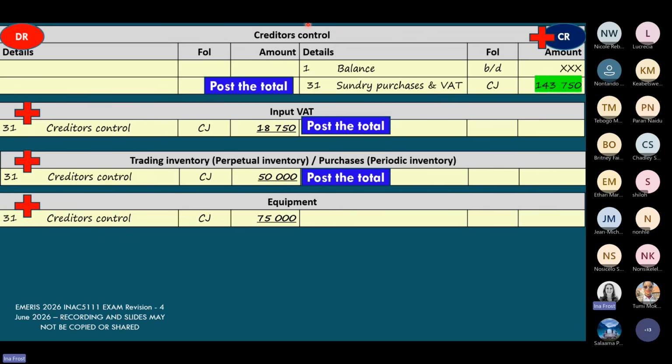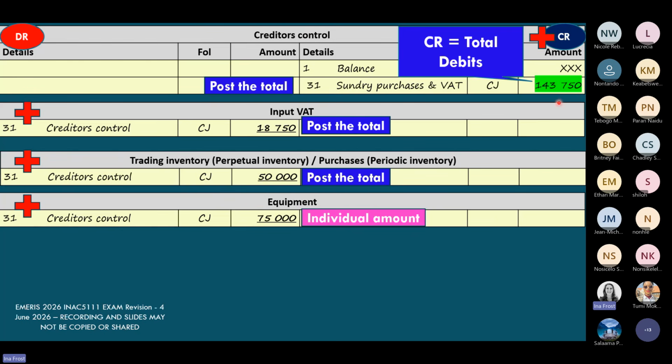For our entries in the creditor's control, the input VAT, and the trading inventory, we're going to use the journal total. Okay, can you all see that? We're not using the individual transactions, but we're using the journal total. But for the sundry accounts, we will use the individual amount that must be posted to that sundry account.